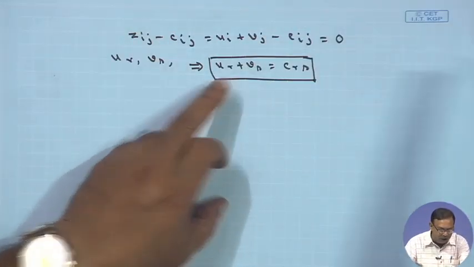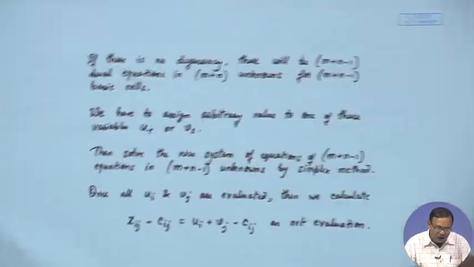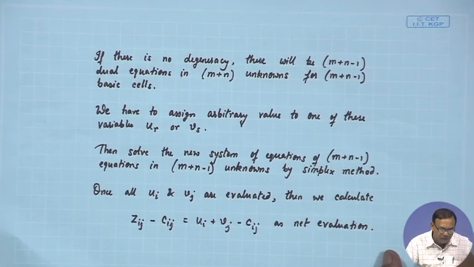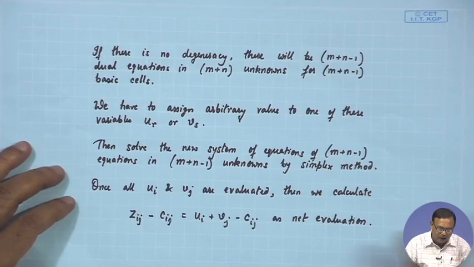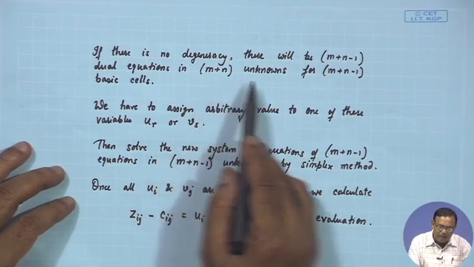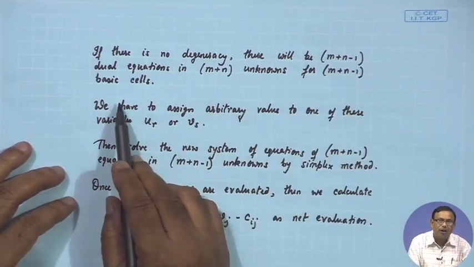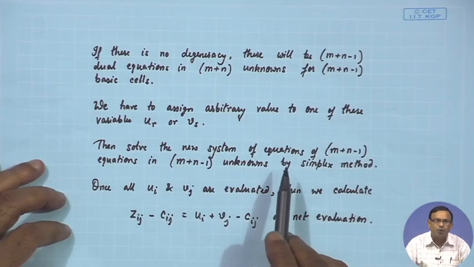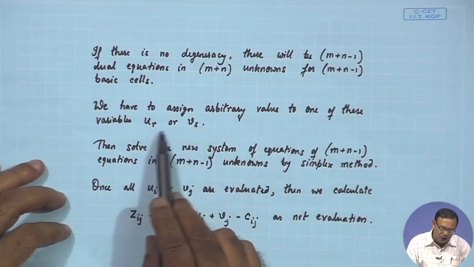This is important for us. Now, if there is no degeneracy, there will be m plus n minus 1 dual equations in m plus n unknowns for the basic cells. We have to assign arbitrary values to these u_r and v_s.